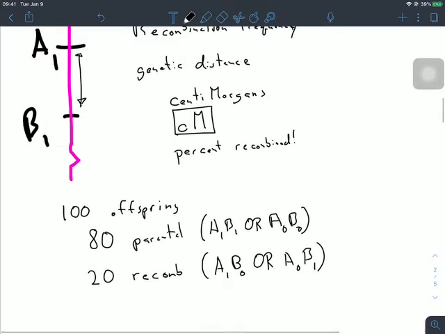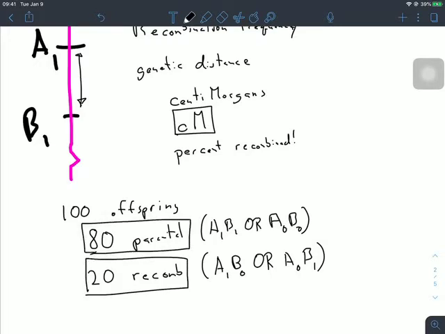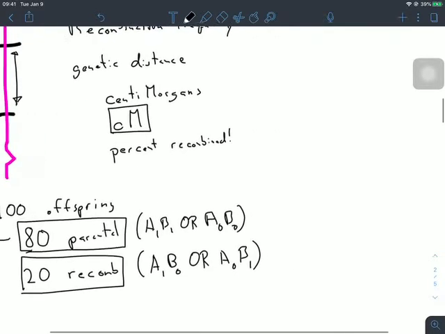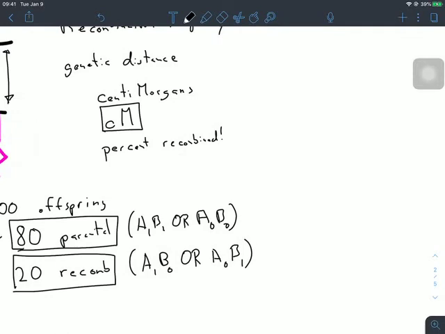If we see that there are 20 recombinants to every 80 parental in 100 offspring, we can calculate centimorgans as the number of recombinants divided by our total offspring.